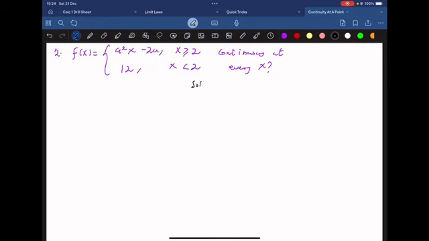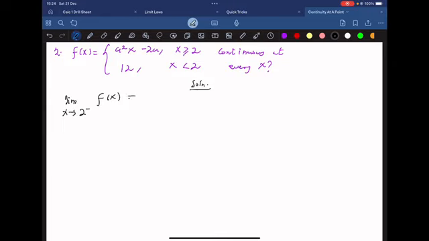So again, the condition: the limit as x approaches, now our c is 2. So we have 2 from the left of f of x should be equal to the limit as x approaches 2 from the right of f of x, and this should be equal to f of 2. So now let's do our substitution. From the left, we use the less than, right?